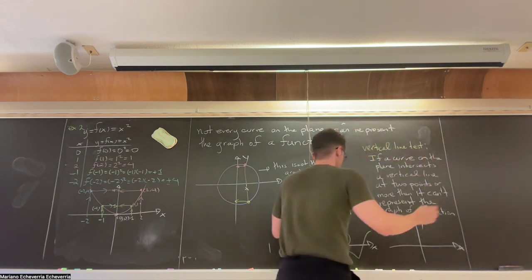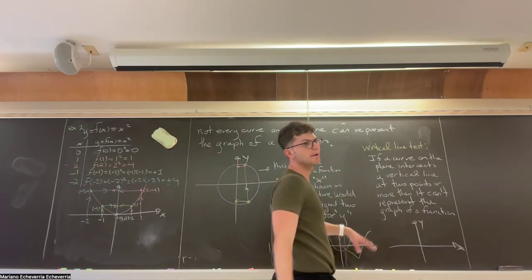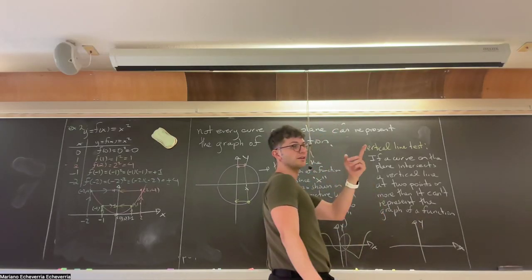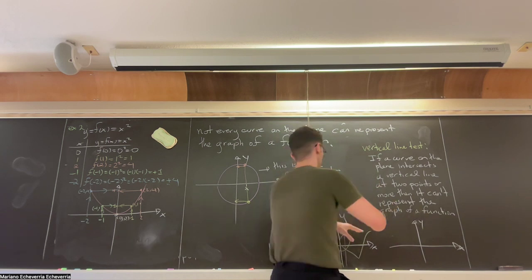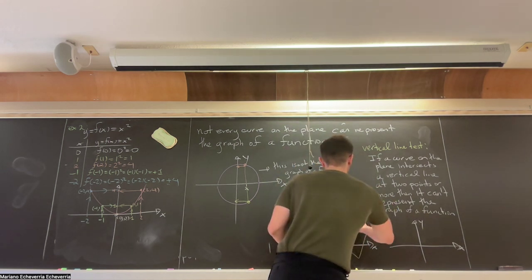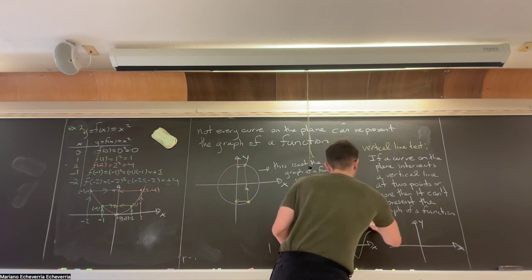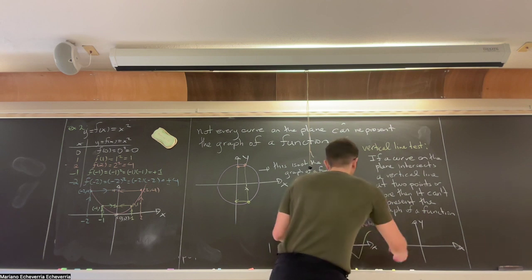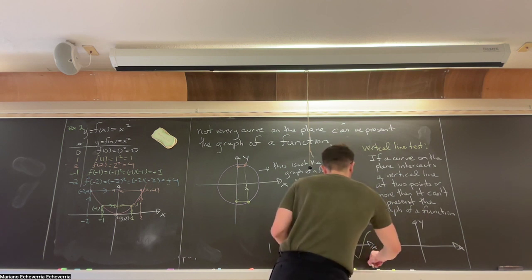I only need one where it fails. So it doesn't matter that there are many others that you could draw. You only need to find a vertical line that cuts the curve at more than one point. So this fails the test, so it's not the graph of a function.